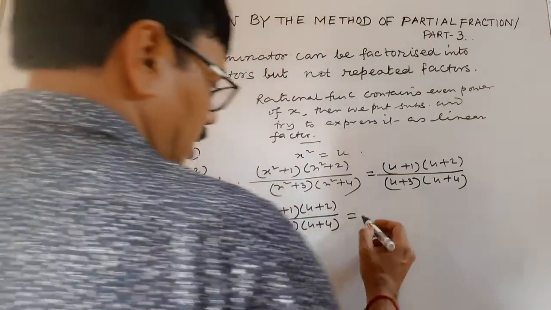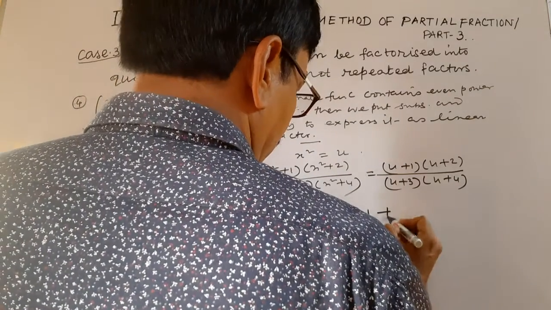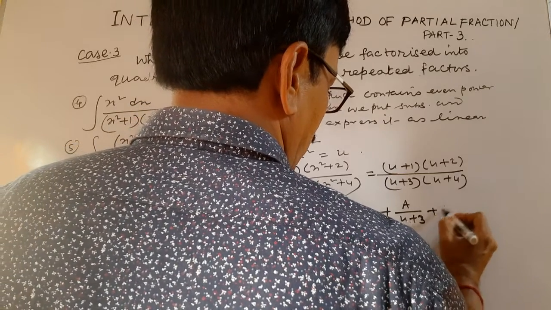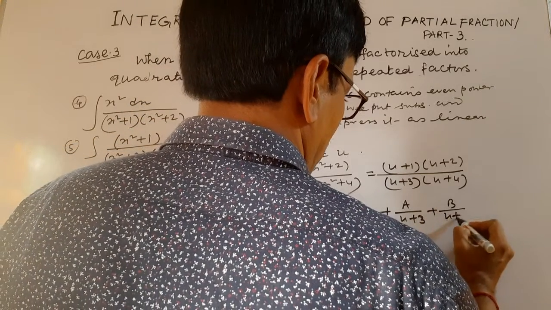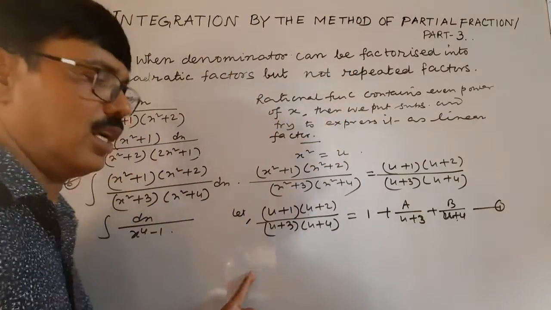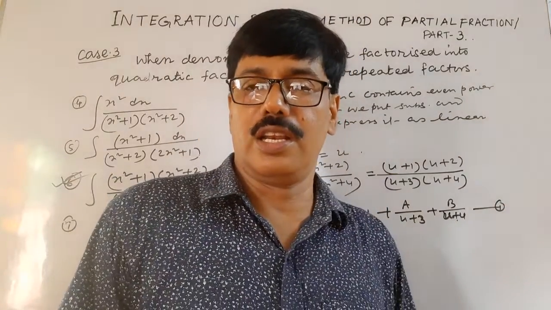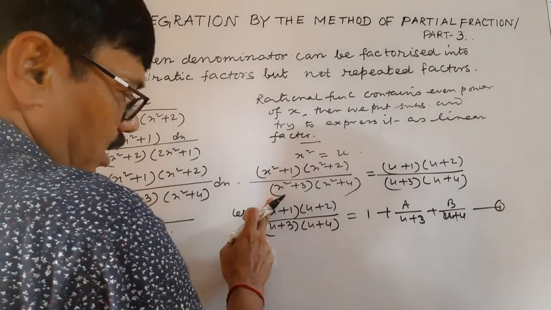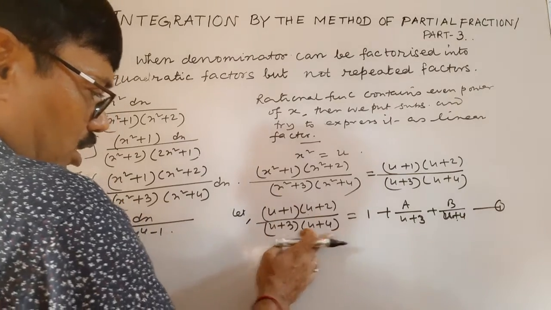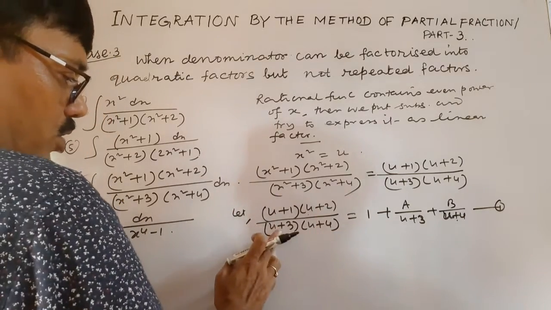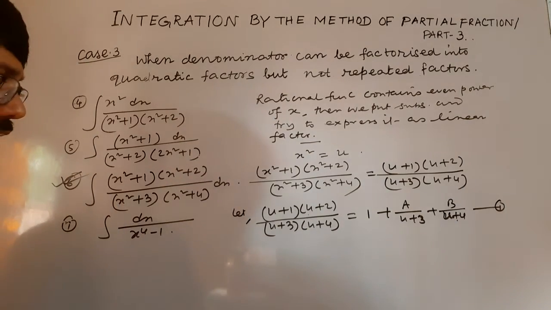So we can write it as 1 plus a by u plus 3, b by u plus 4. Mind it, this is of first degree, this is of second degree, so not applicable because the denominator must be of greater degree.